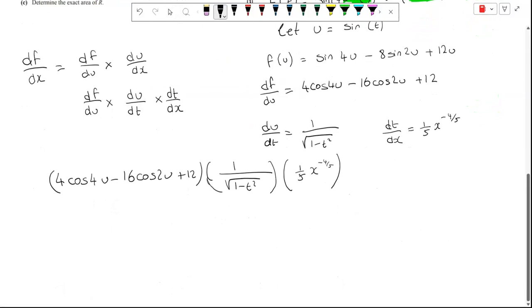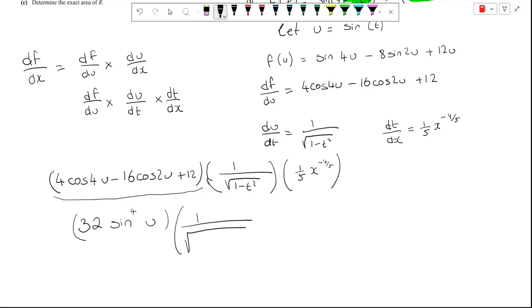So actually, what I can say is that this first bracket I can replace with 32 sine to the power 4 of u, times by 1 over square root of 1 minus x to the power 1/5 squared, times by 1/5 x to the power minus 4/5.